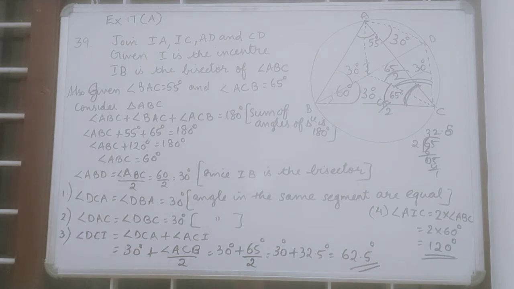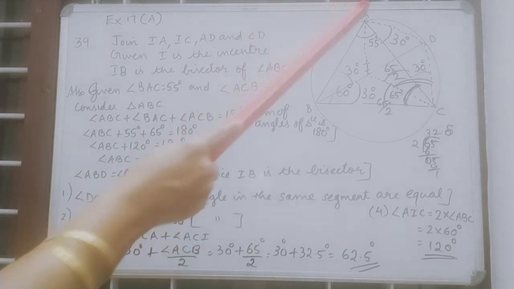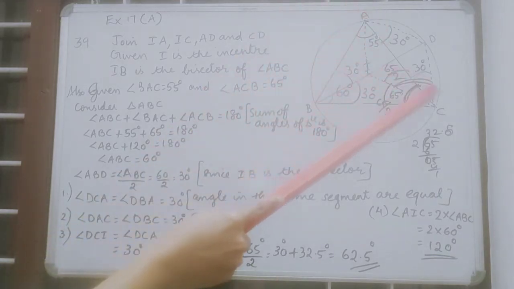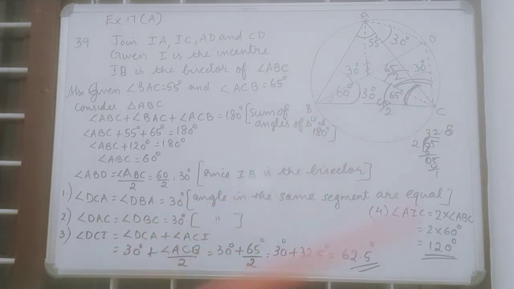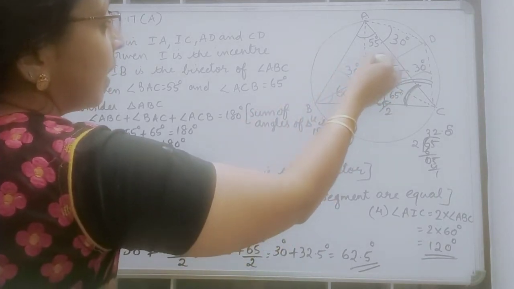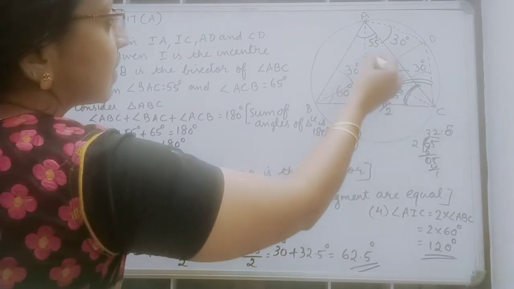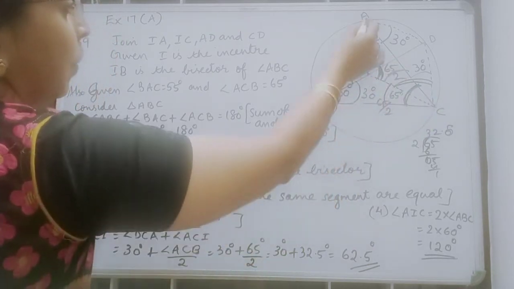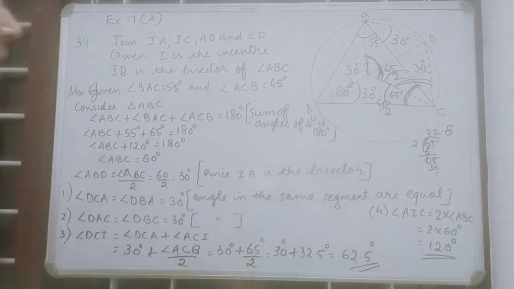Fourth part, we want to find angle AIC. Look at AIC. I is the center, so AIC is the central angle. We have ABC as 60 degrees.